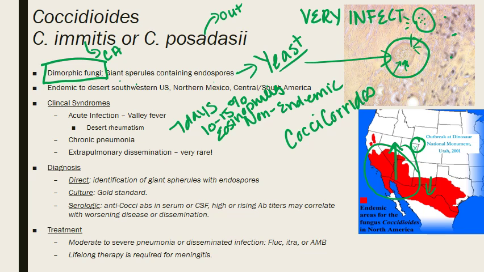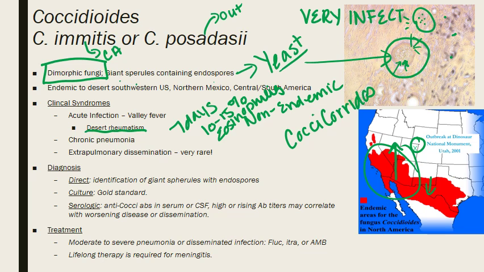There is kind of an immune reaction, an immune manifestation that's associated with cocci, and that's desert rheumatism. We see this more often in young women. It usually manifests about 2 weeks into the illness, and it's really just kind of this nonspecific fever, arthralgia, so sore joints, and then sometimes they'll develop erythema nodosum, which are these painful subcutaneous nodules that you see with sarcoid, or sometimes erythema multiforme.